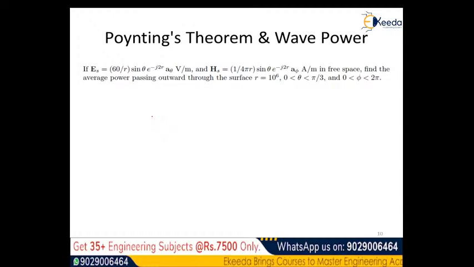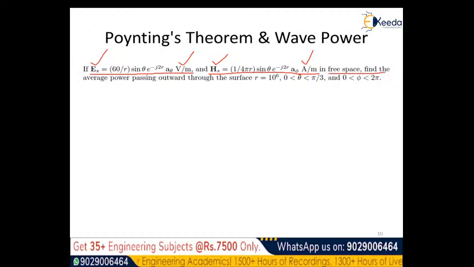If Es is equal to 60 by r sine theta e to the power minus j twice r into a theta, measured in volts per meter, and Hs is equal to 1 by 4 pi r sine theta into e to the power minus j twice r multiplied by a phi, with Es in volts per meter and Hs in amperes per meter, the surrounding material medium for these electric and magnetic field quantities is free space.